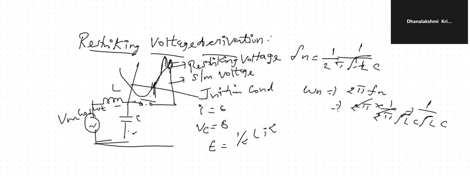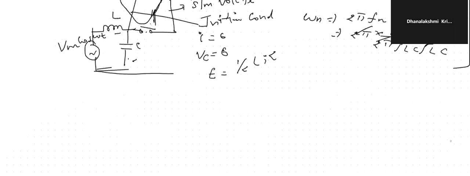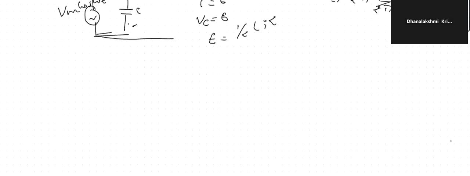The voltage across the capacitance, which is the voltage across the contact of the circuit breaker, can be calculated in terms of inductance, capacitance, natural frequency and system voltage.